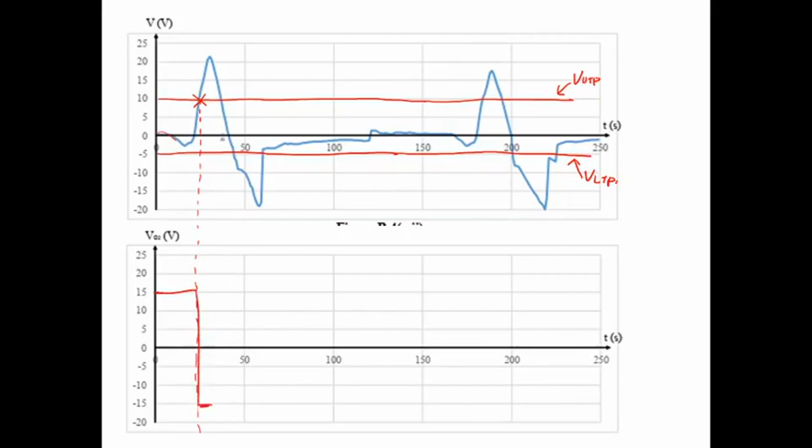Then you trace along the input. Since now the V out is minus VCC, your next transition point is VLTP. VLTP is here, so this is where the transition happens. Now your V out is plus VCC, so you need to find the next VUTP. The next VUTP is here.